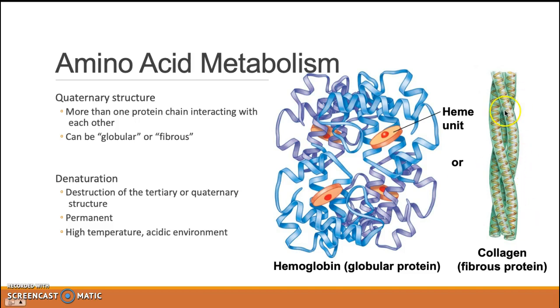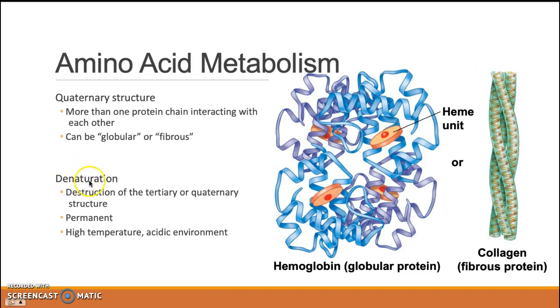We could also have an example here of collagen, which is a fibrous protein. It's very long, like a yarn or string. All of it is alpha helixes, but you have to have all three of these protein chains to have functioning collagen. Now, the more complex your protein structure, the more they can be destroyed.